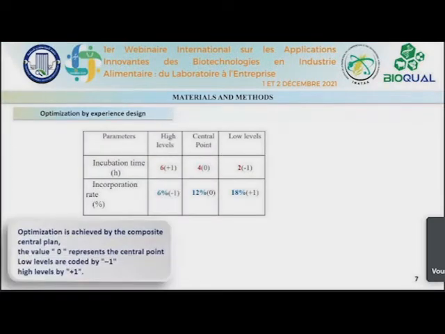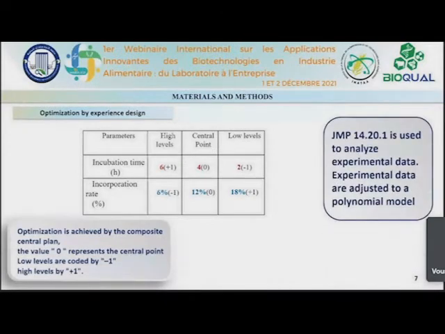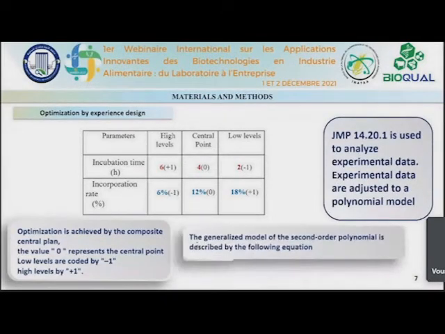The second optimization is carried out by the central composite plan. For this, we need JMP software, which is used to analyze the experimental data, which are then fitted to a polynomial order model, described by the following equation.